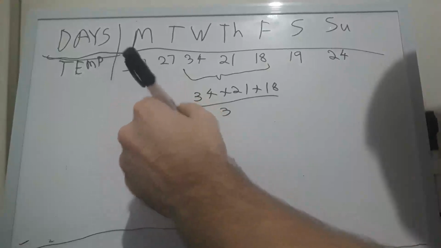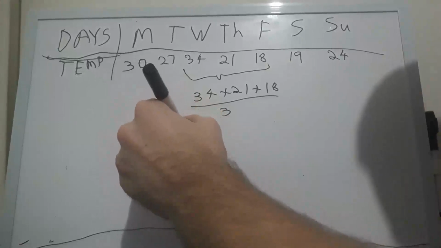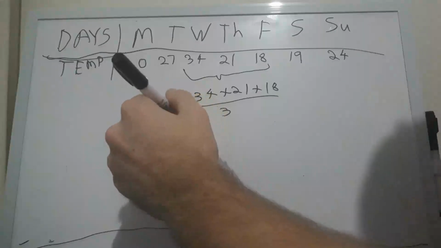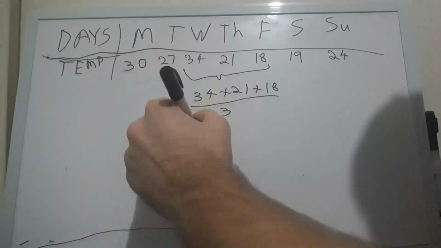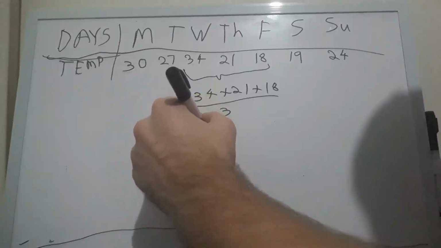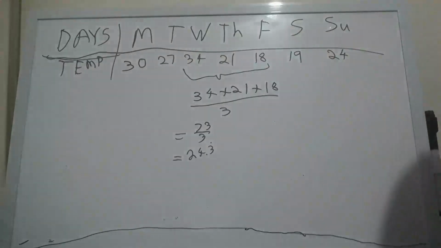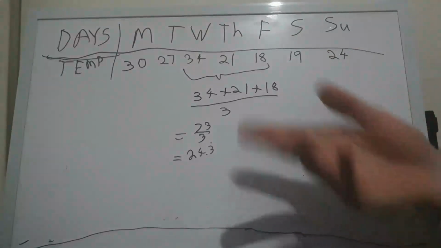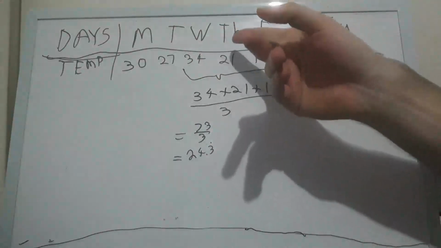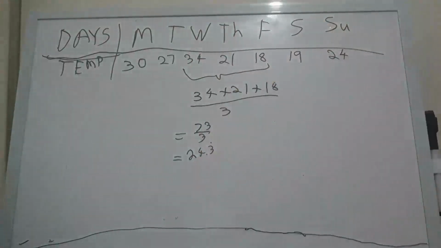That's equal to what? 24.3 recurring, I think. Yeah, sounds about right. So your 3 mean average centered on Thursday would be 24.3 recurring, or 24 1/3.